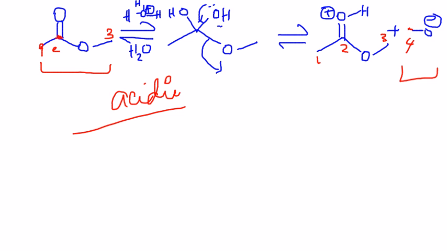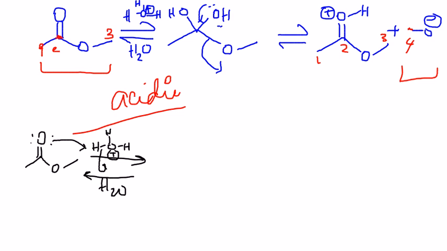So when you show this mechanism, what I'm about to write is the proper way of going about it. You would say that you have an oxygen which has a lone pair of electrons, and you have the hydronium ion right next door, so the lone pair of electrons will pick up the hydrogen, let that water go, and that will give you a protonated ester.